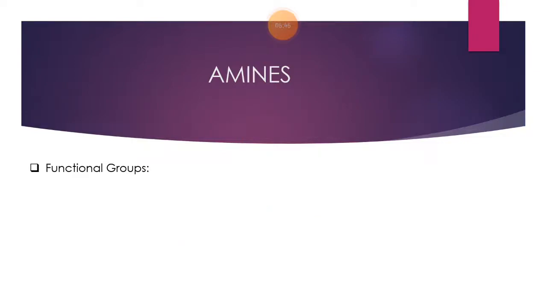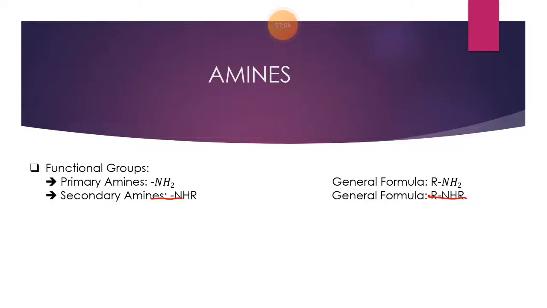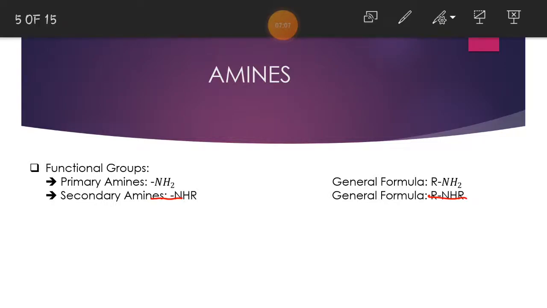So the functional groups in different kinds of amines are written as follows. In the primary amines, the functional group is NH2 and the general formula for primary amine is RNH2. In the secondary amine, the functional group is NHR and the general formula for the secondary amine is RNHR.